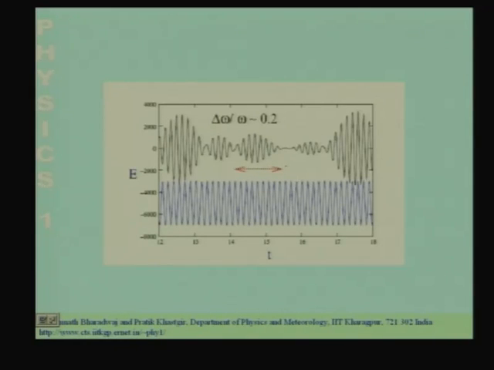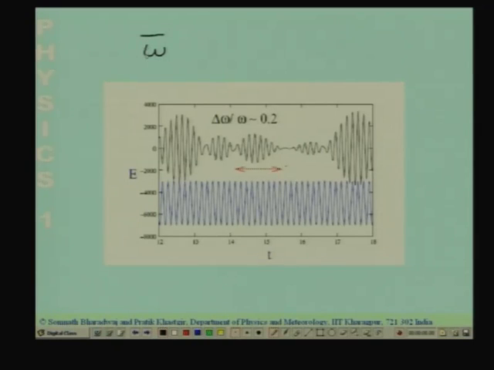You can think of the resultant oscillation as being a fast sinusoidal oscillation with an angular frequency equal to the central value, the mean angular frequency. So you have a spread of angular frequencies centered around this, and when you superpose all these oscillations, you can think of the resultant as being a fast oscillation at the mean frequency.